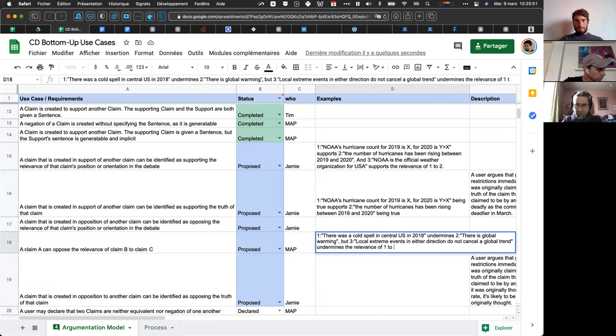Relevance of 1 to 2. Actually, maybe you use parentheses and name the basically the tuple.